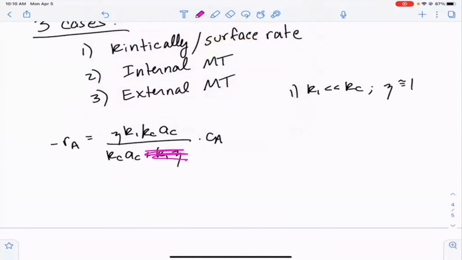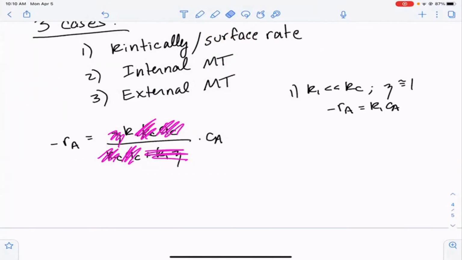So now this cancels with this, that cancels with that, and we were told the effectiveness factor was approximately equal to 1. So that goes away. And so when we are surface rate limited, what that means is that we can use the same expressions that we've used the entire semester to describe the kinetics. It's simply equal to K1 times CA, which is really nice.